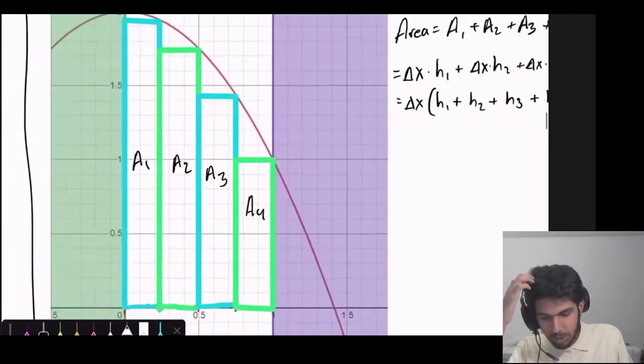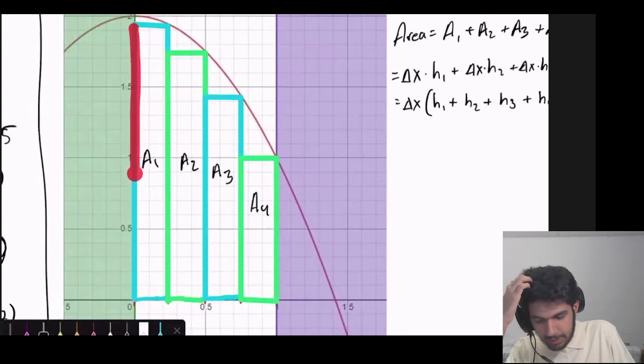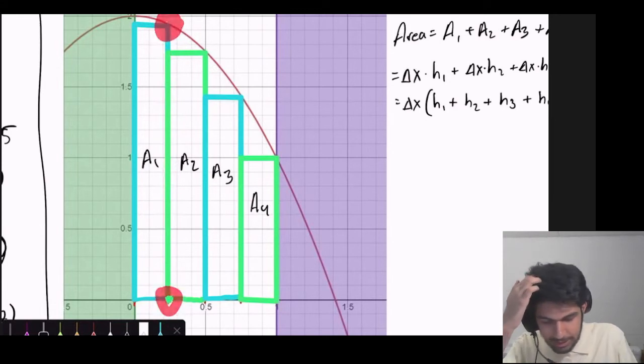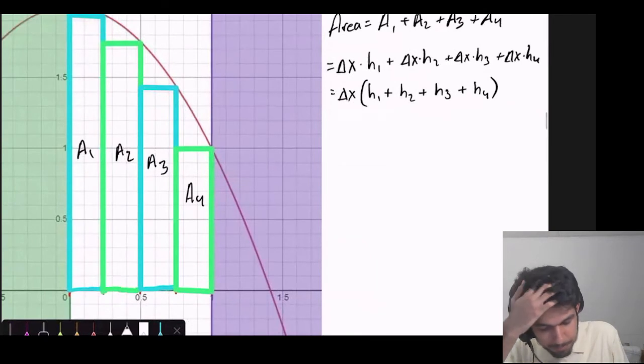Well, let's look at A1. This is its height, and that is determined by the right-hand corner, where the right-hand corner touches the function. So that would be f of 0.25, because f of 0.25 gives this function point.